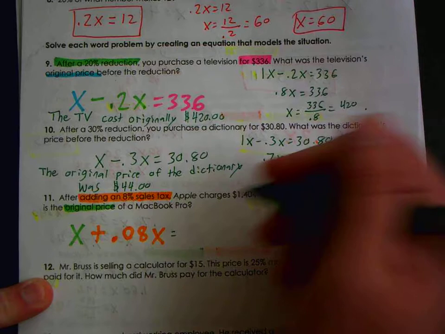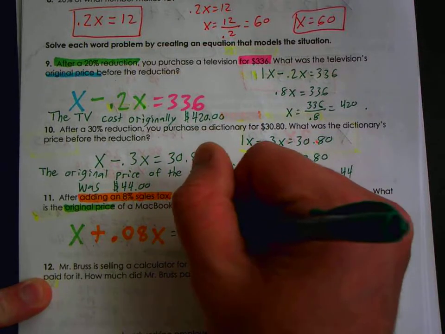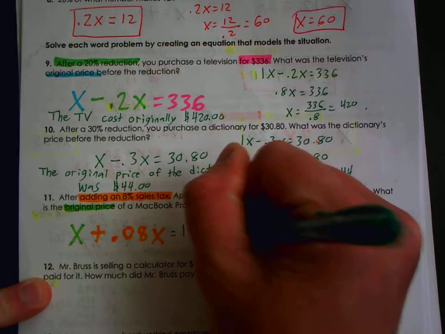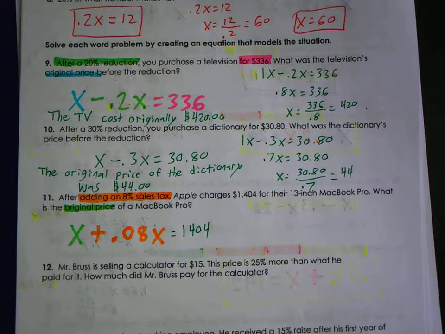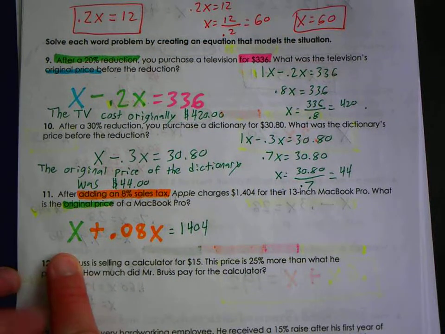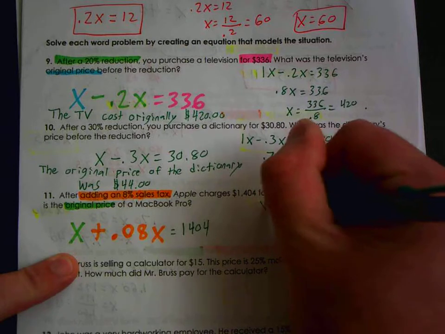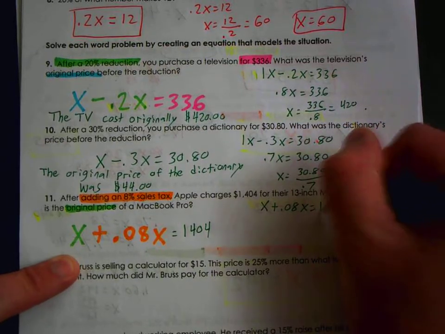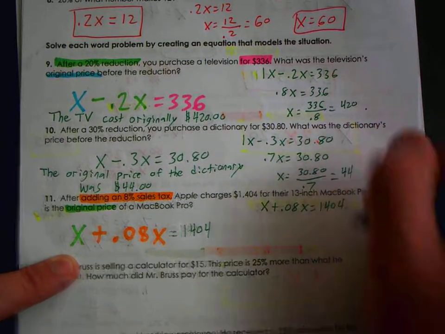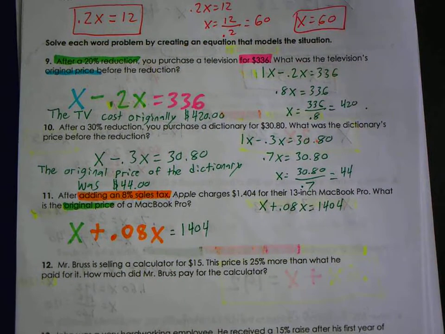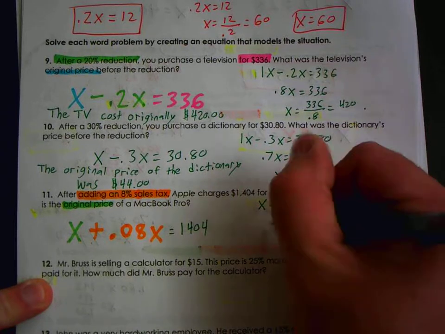was $1,404 for a 13-inch MacBook Pro. So what was that original price? Well, solve. When I do these, I just write it down as 1.08. I'm like, okay, 1.08 means I paid for the item itself and 8%. That's what 1.08 means. But 1 plus 0.08 is 1.08.